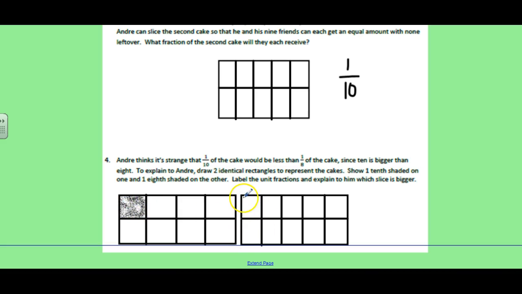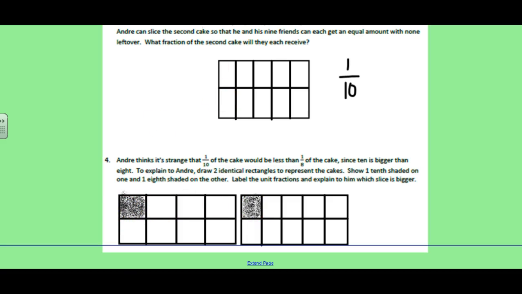And now whenever I go over here to shade 1/10, you can see the size of it compared to what 1/8 was. So when you look at these two pictures, you can tell which part is larger, and we can tell that this 1/10 is smaller than this 1/8.